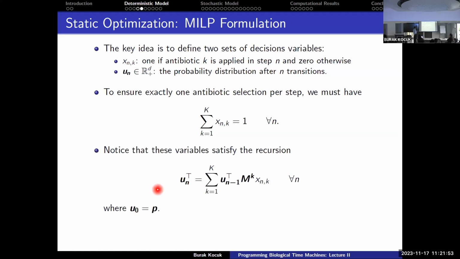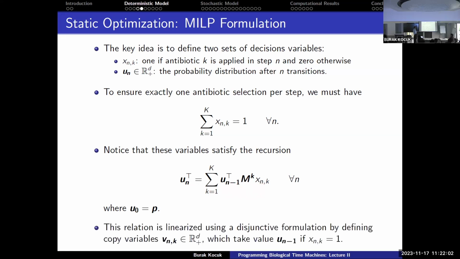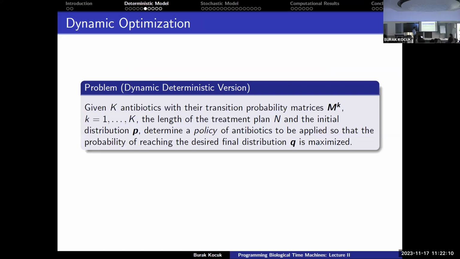I remember this recursion: the distribution after the n-th step depends on the previous distribution times the matrix, right. And we have this complicated linearization idea. Now, it seems like for the dynamic version, well, why not try it out?